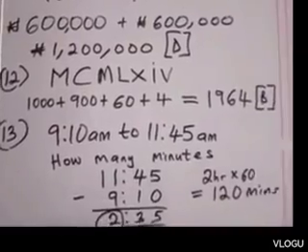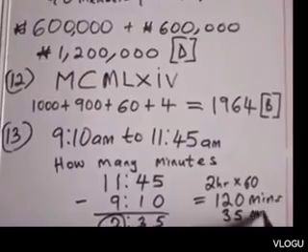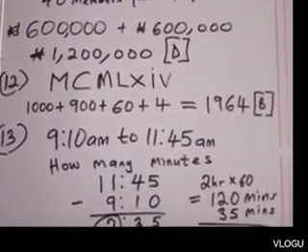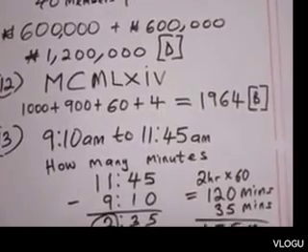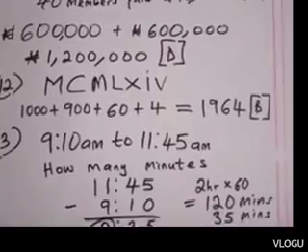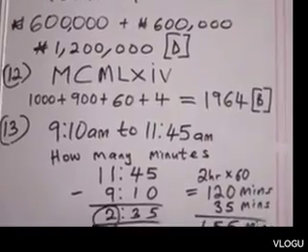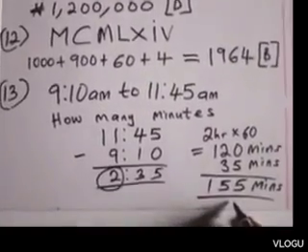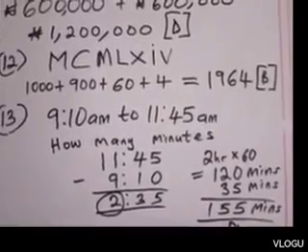Then adding it to this 35 minutes, I'm going to have 155 minutes. So from the question, 155 minutes is option D.